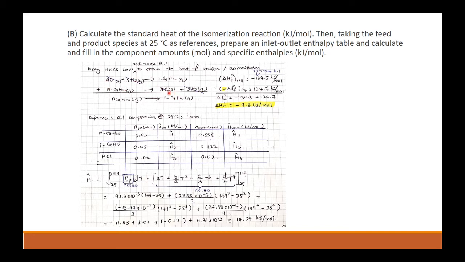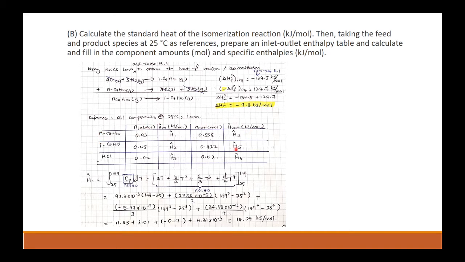To get it, you add the two, so the heat of isomerization reaction is this value plus this value. That leaves us with negative 9.8 kilojoules per mole.